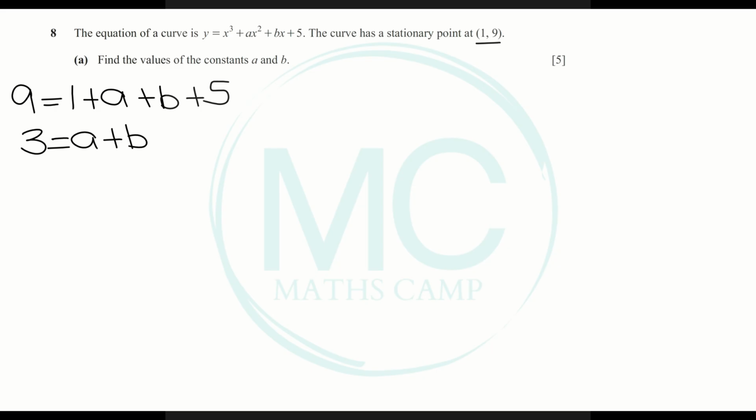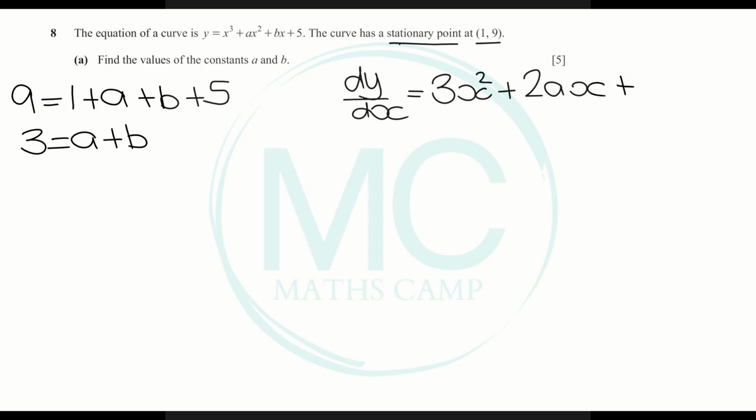The point is a stationary point, and this means that at this point the gradient of the curve is 0. So let's find the equation for the derivative, dy over dx. dy over dx is equal to 3x squared plus 2ax plus b, and our constant falls away.